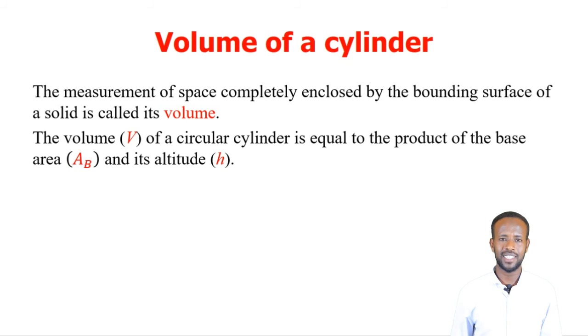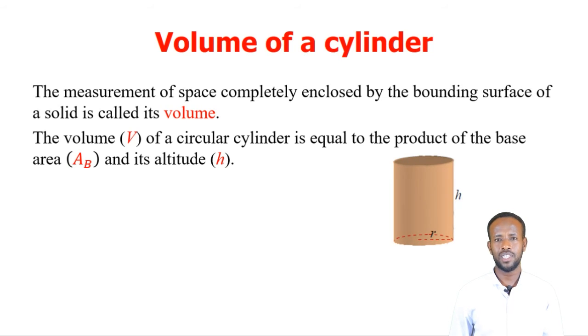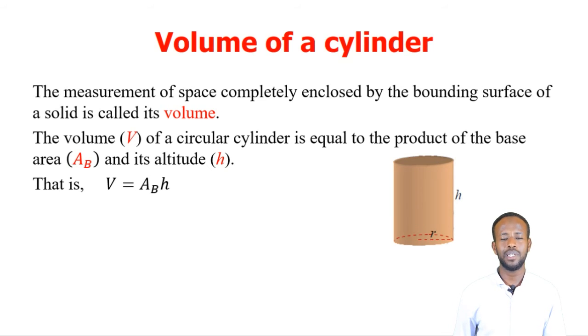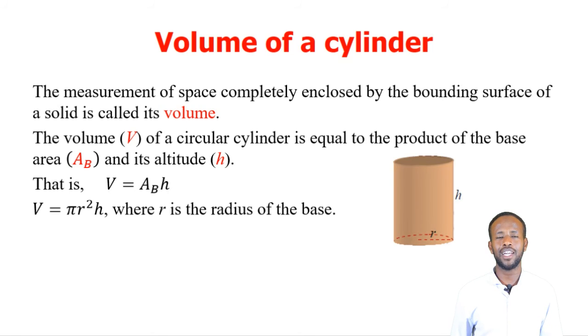What is the area of the base? Look at this. This is the cylinder. What is the base? Our base is a circle, isn't it? So if it is a circle, do you remember the area of the base? What is the height? It is given to us. So this is the simplest. Volume will be equal to area of the base times height. Volume will be equal to πr square h, where r is the radius of the base.